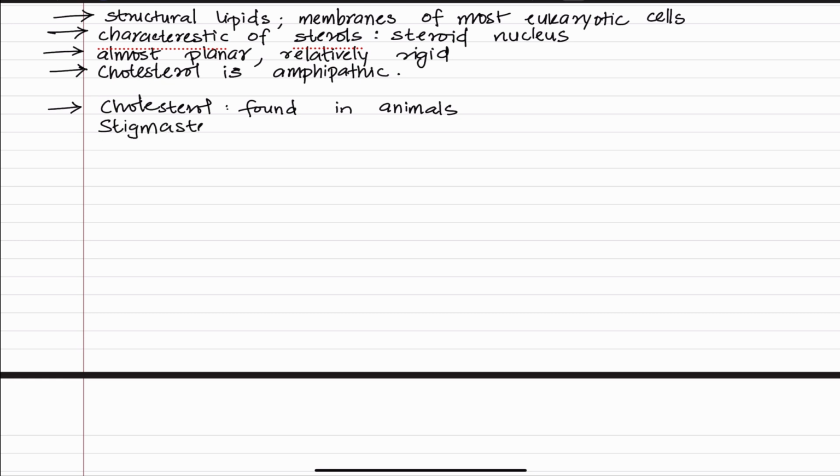Stigmasterol is found in plants. Ergosterol is found in fungi.